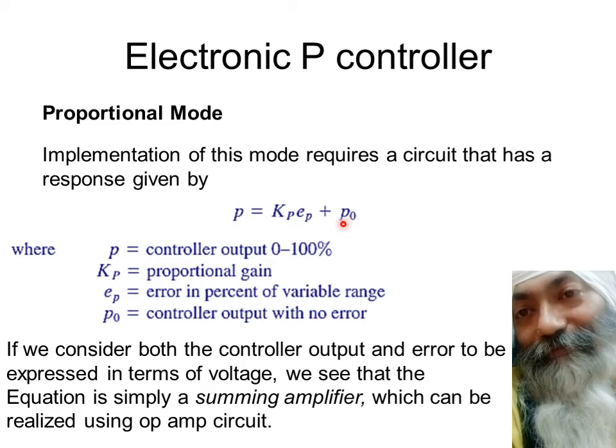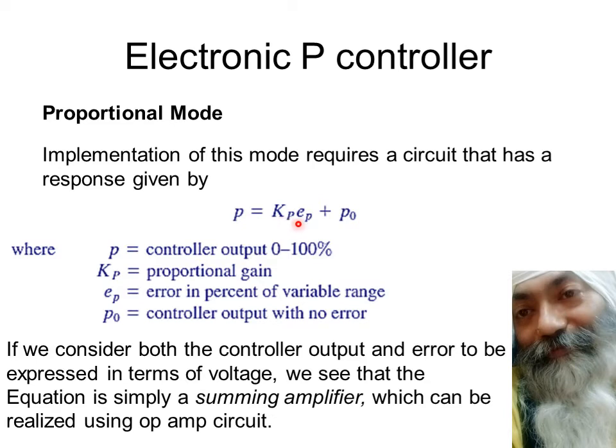So this is a voltage signal, this is a voltage signal, and this is also a voltage signal. How this is a voltage signal, we have seen in the error detector, and this is the gain Kp. So going in for the summing amplifier will give you the sum of this plus this multiplied by this, which is going to be the gain of that summing amplifier. Here is the catch which we shall be seeing in the next slide.